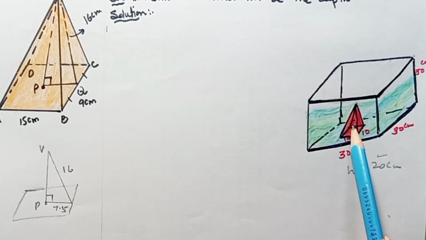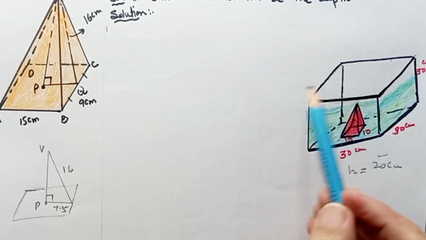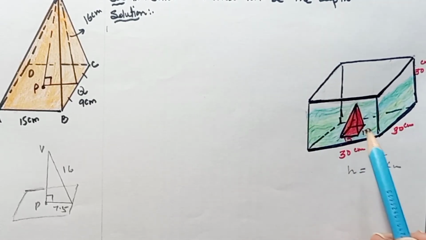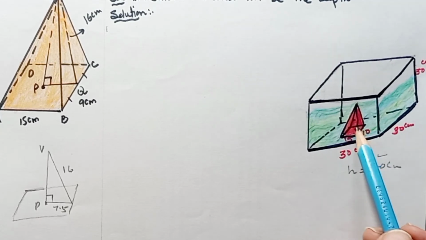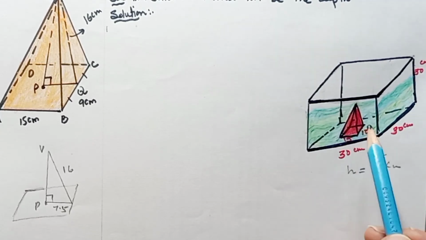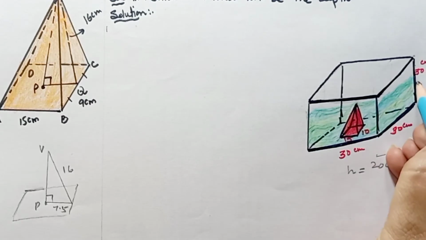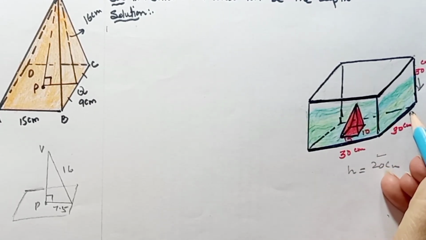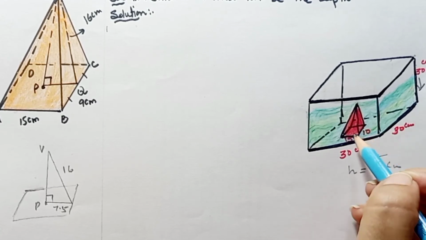When we remove that solid, what will happen? The space which was occupied by this solid will be taken by the water, and the water level will drop.